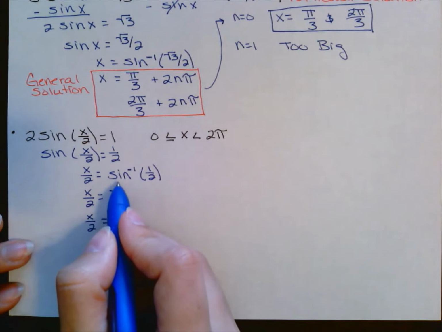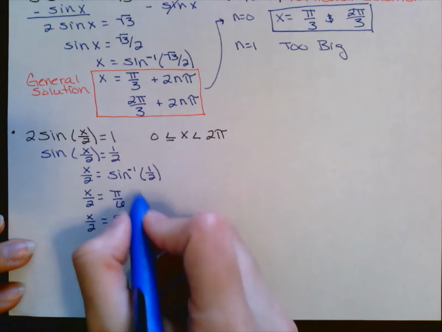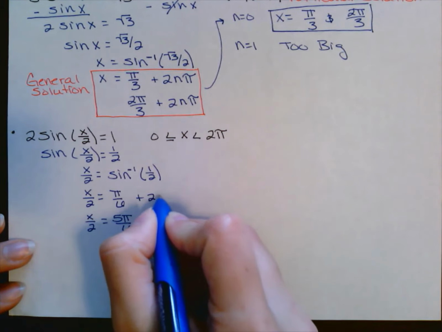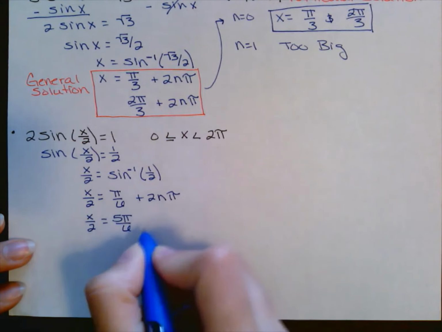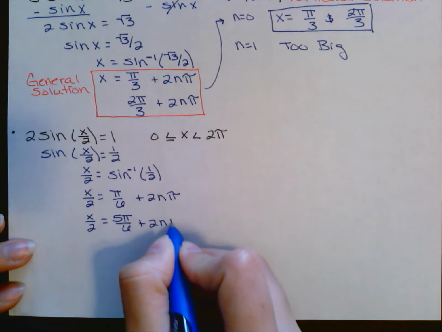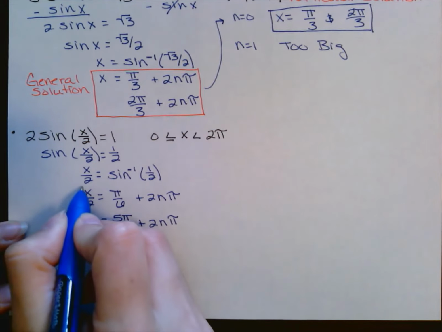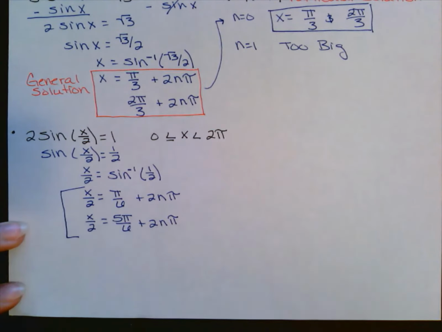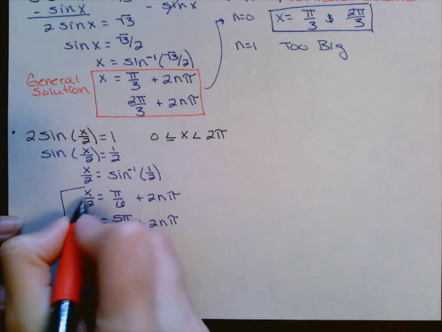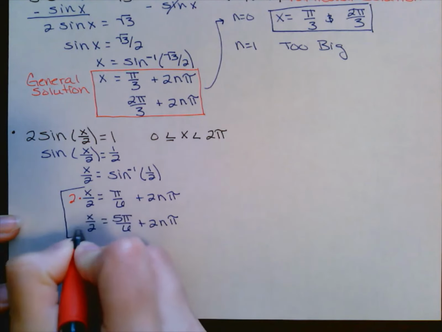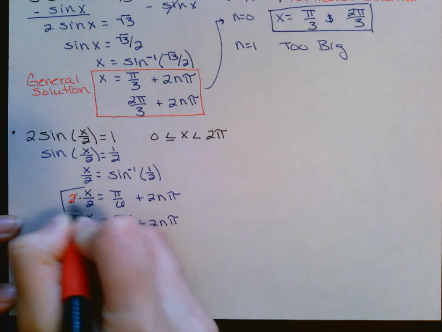Now for sine functions, remember step 3, we need to include a plus 2n pi. Okay, so notice because it happened twice on the unit circle, I am solving this 2 different times. Okay. Next step is to isolate x. I am dividing by 2 here, so I need to multiply by 2 so that these can cancel.